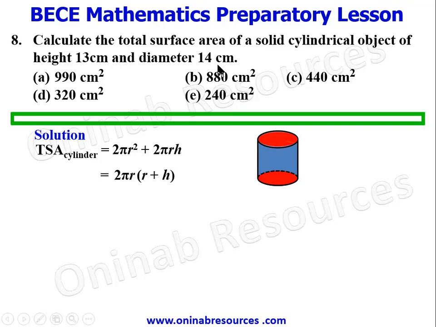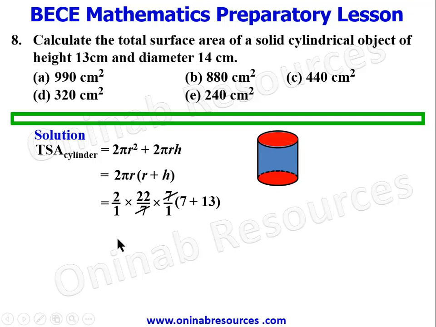Our height is 13, our radius will be diameter divided by 2, which is 7, and pi will be taken as 22 over 7. So this is going to be 2 times 22 over 7 times 7 over 1 into 7 plus 13. So this 7 cancels the 7.